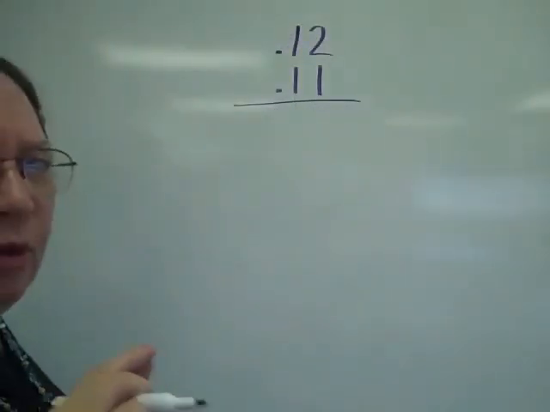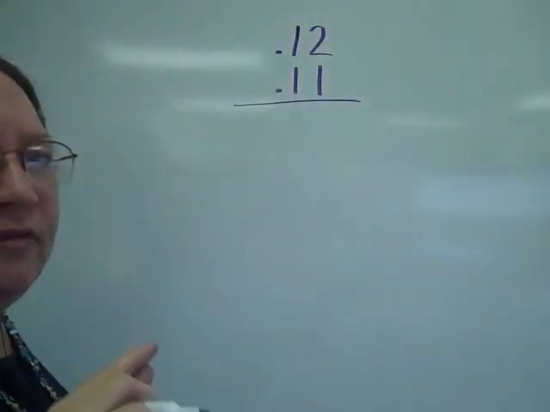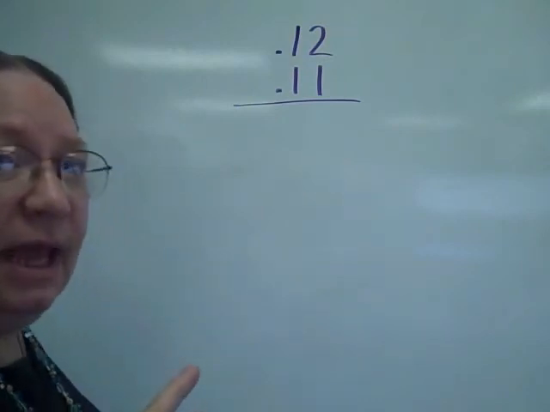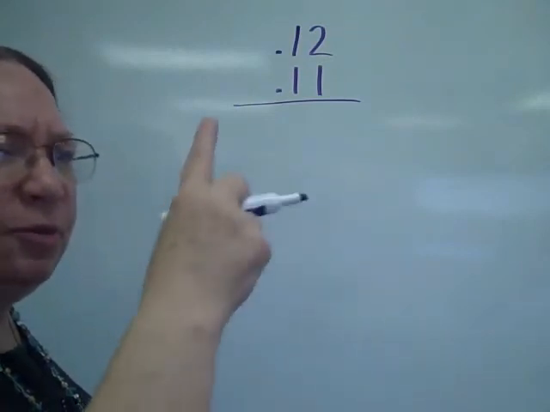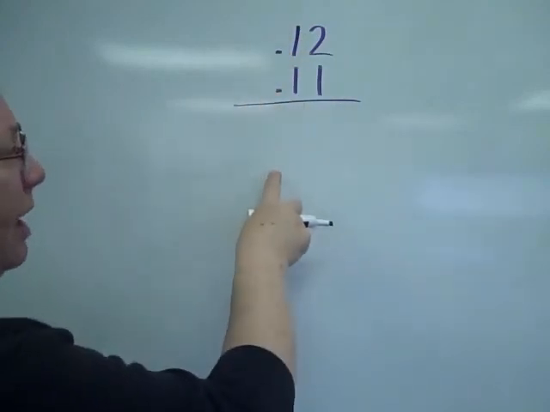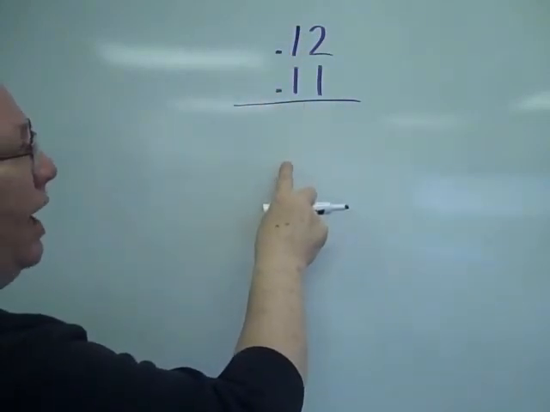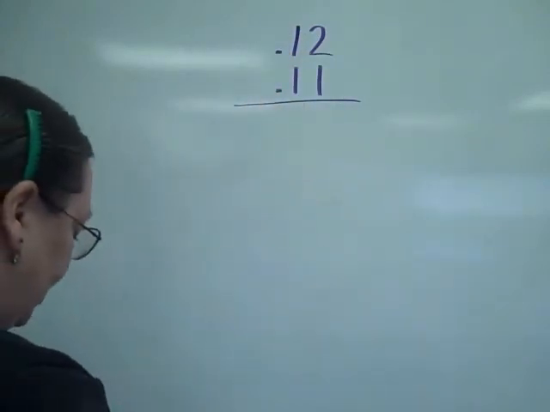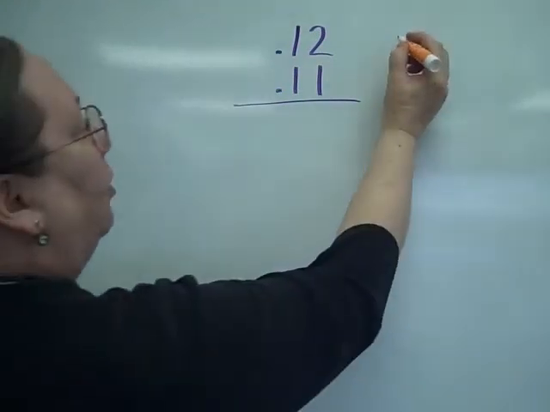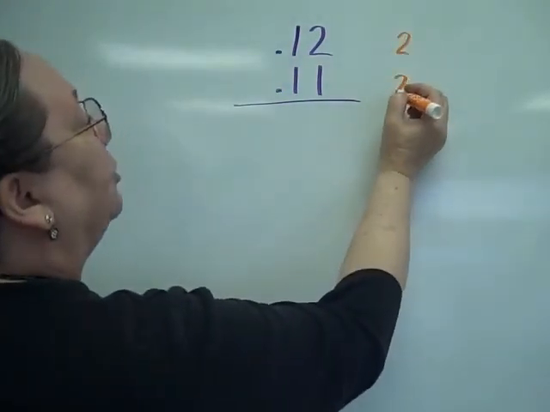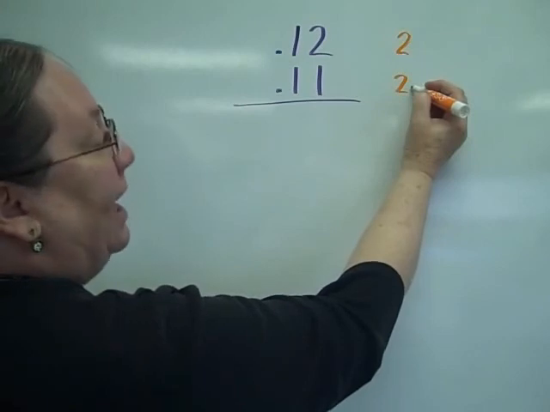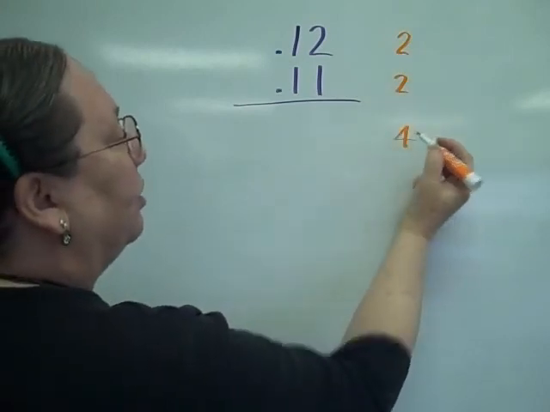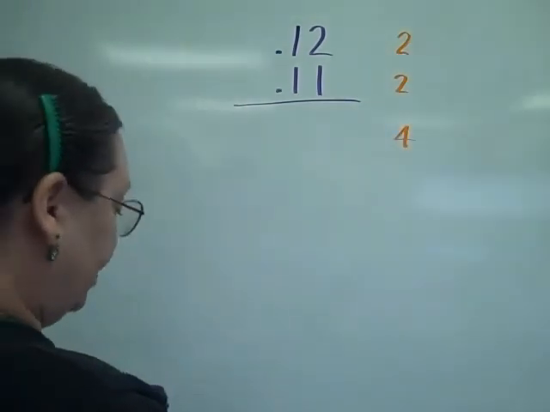One trap you have to watch out for when you're multiplying decimals is when you add and subtract, you get so used to just dropping it down. And if you have the same number of decimals in both of them, you have 2 here and 2 here. Remember, you've got to add these up to give you a total of 4 in your answer.